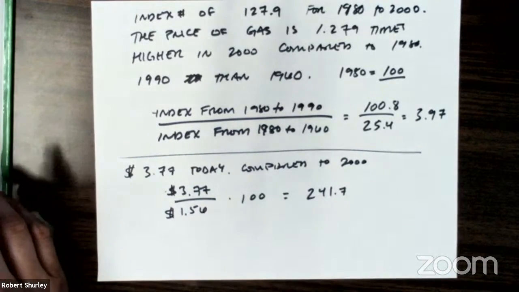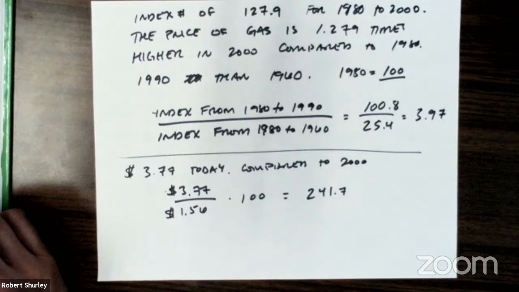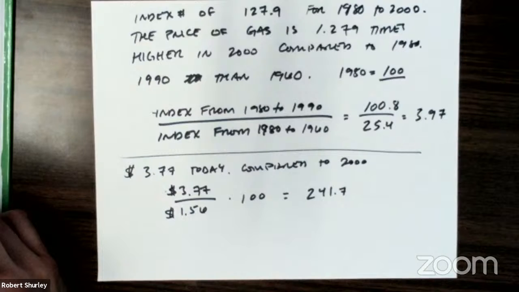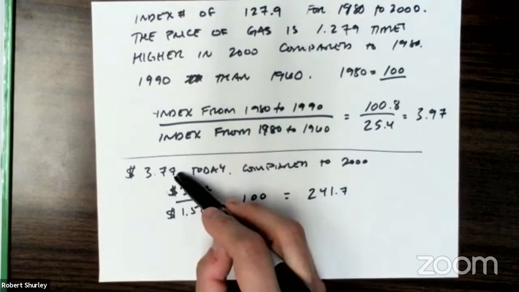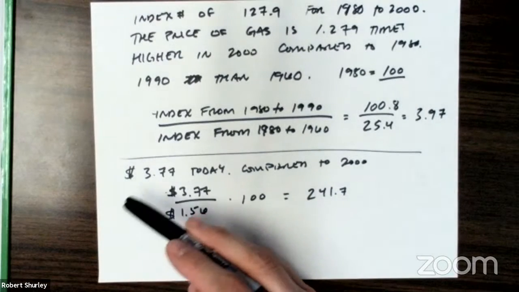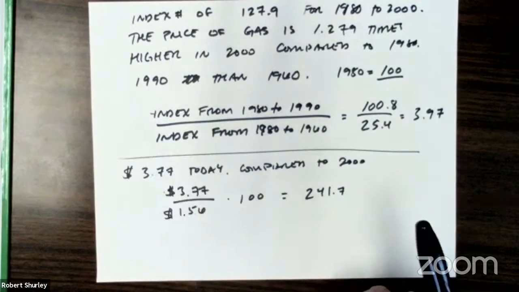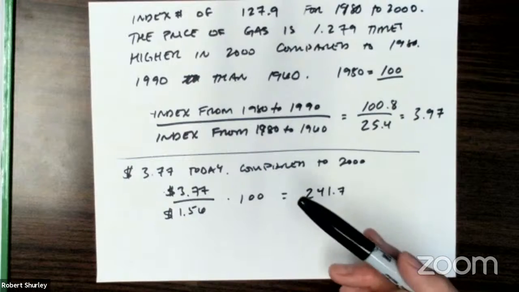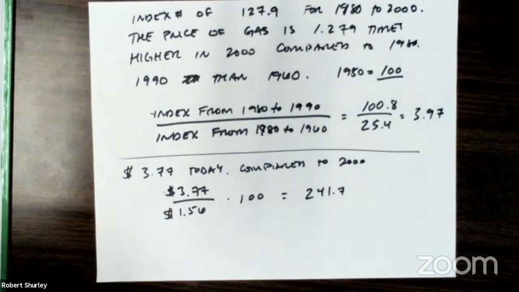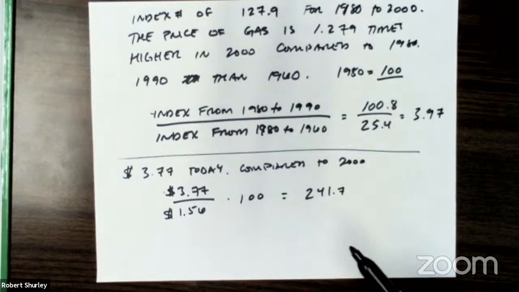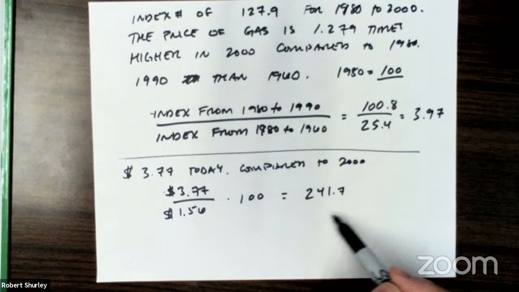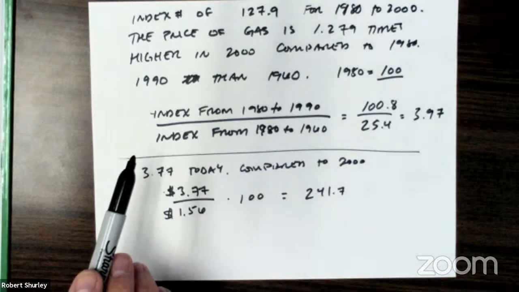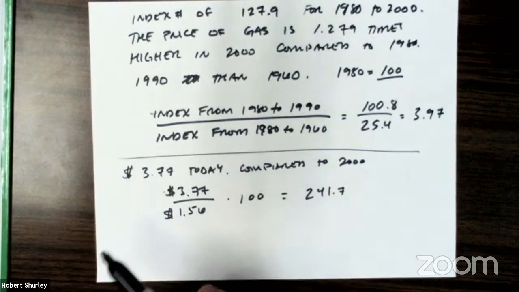If you go back to example 1, it went from 1980 to 3.77, a 309% increase. And from 2000 to 3.77, it's a 241.7% increase. So it's just showing the difference: even though it jumped 241.7%, it's still not as high as going from 1980 to current, which is an even higher index.